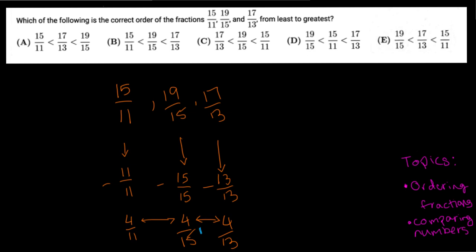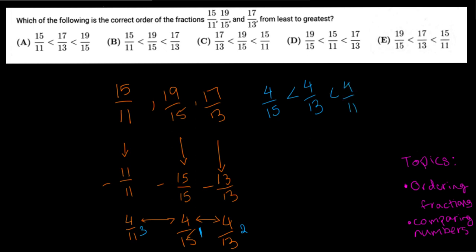So write a 1 next to this one. Then the second largest denominator is this, followed by this. So our order would look like this. 4/15ths is less than 4/13ths is less than 4/11ths.